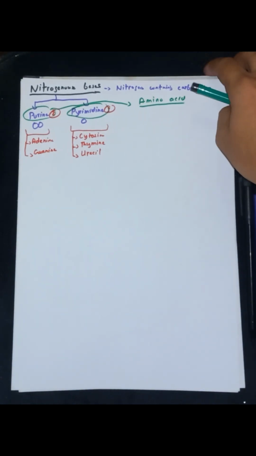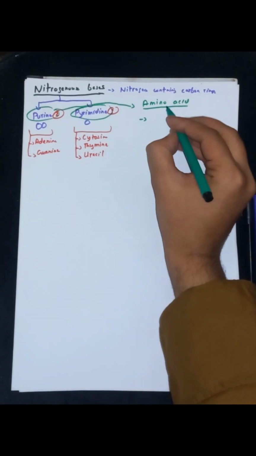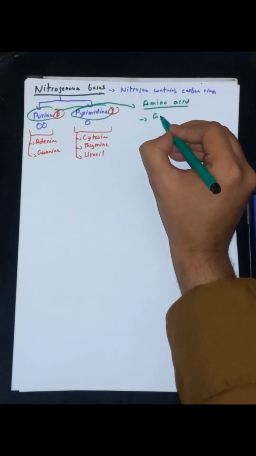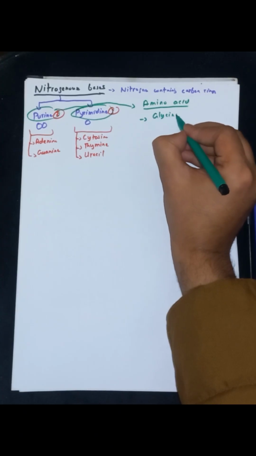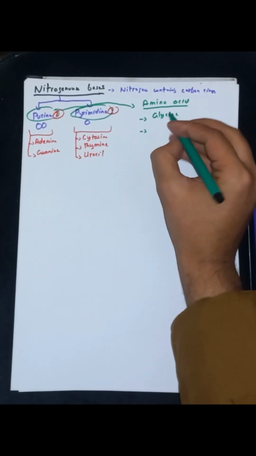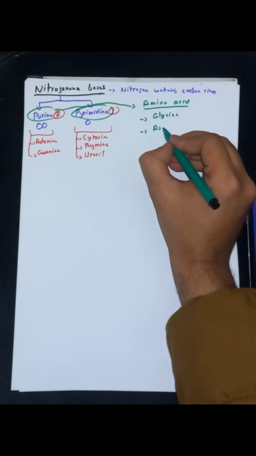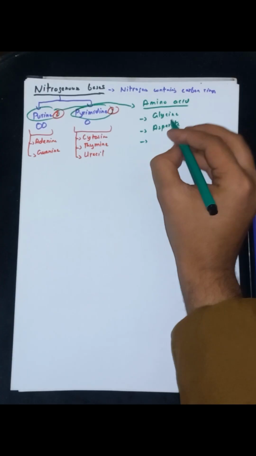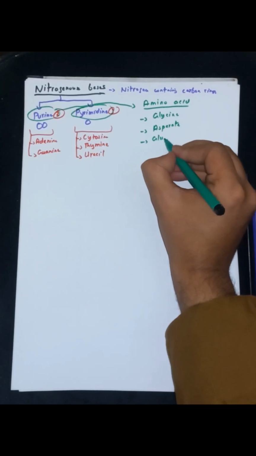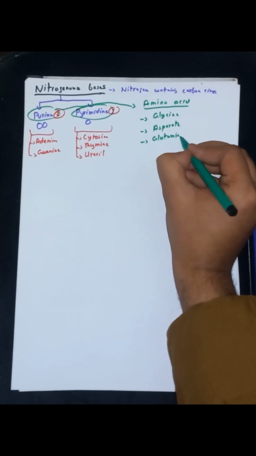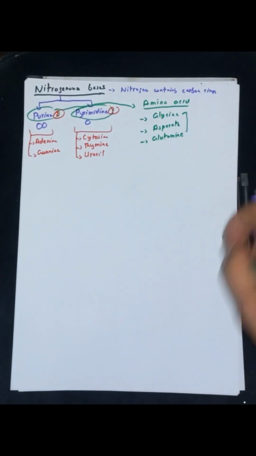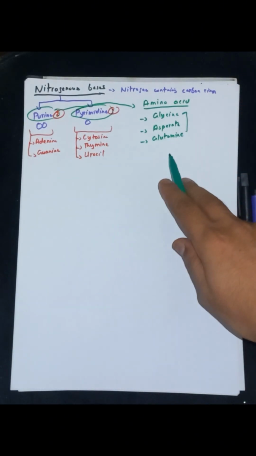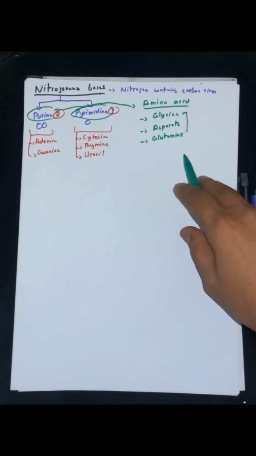So let's discuss what those amino acids are. The first one is glycine, second one is aspartate, and the third one is glutamine. So these three are the amino acids: glycine, aspartate, and glutamine.